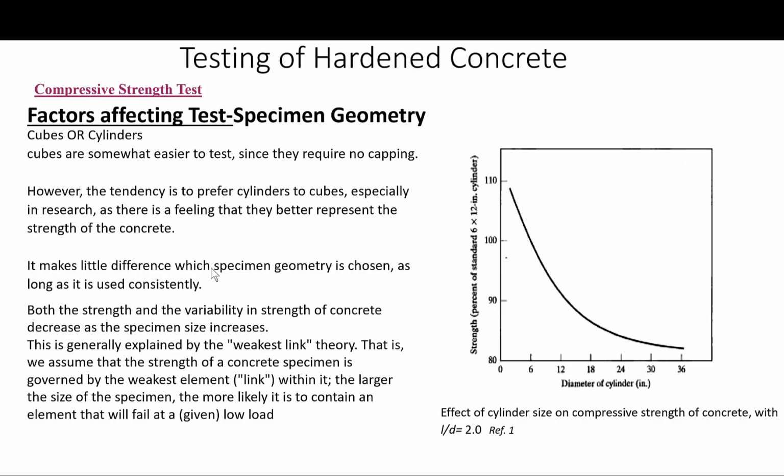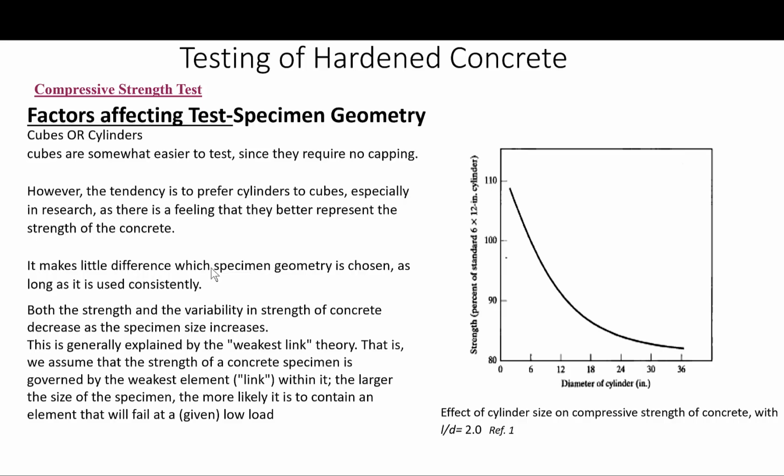However, the tendency is to prefer cylinders to cubes, especially in research, as there is a feeling that they better represent the strength of the concrete. But as we have seen, small concrete specimens do not particularly represent the strength of the concrete in the structure, so they give only comparative data.